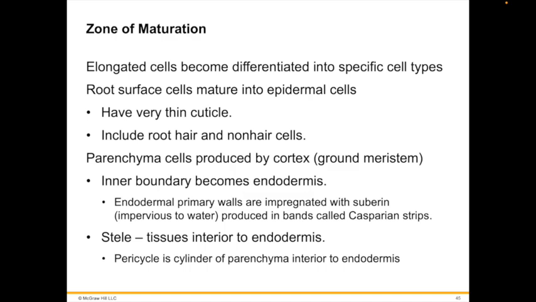The cells that have elongated in the zone of elongation become differentiated into specific cell types in the zone of maturation. The cells of the root surface cylinder mature into epidermal cells, which have a very thin cuticle and include both root hair and non-root hair cells.